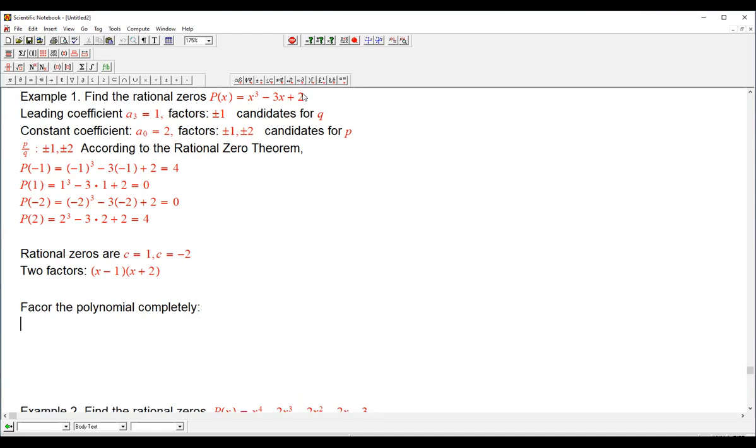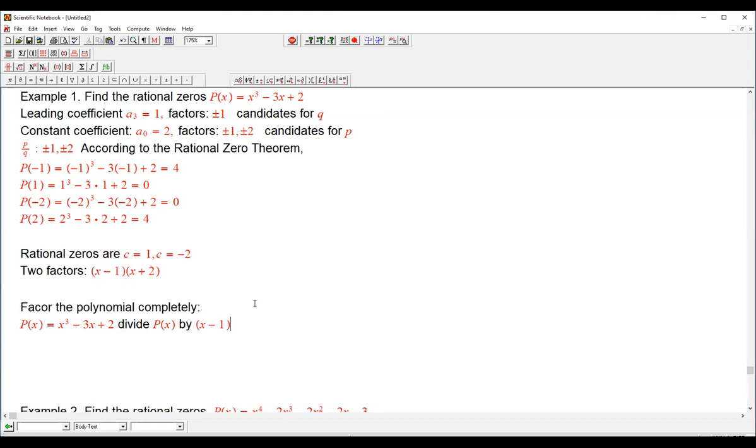Right, if we factor the polynomial completely, we're going to take this piece p of x and divide it by one of the factors, x minus 1 or x plus 2. You can pick either one of them. So I'm going to pick x minus 1 to see what we get.